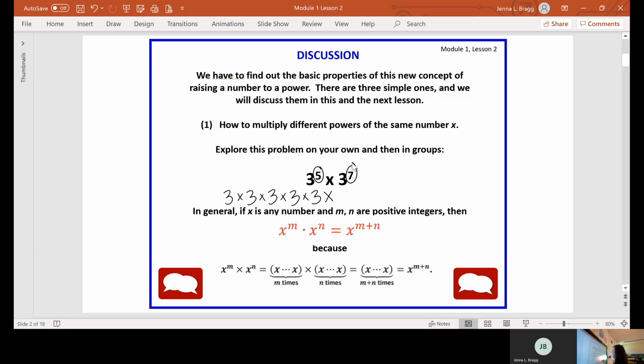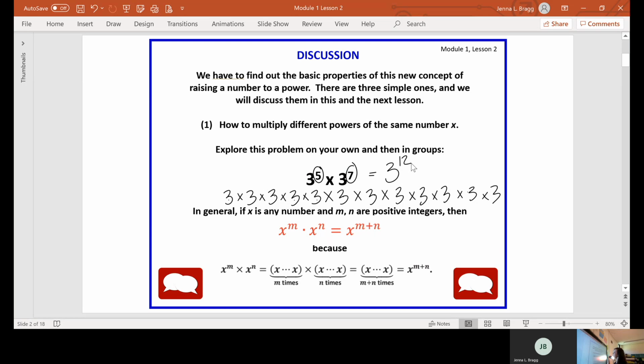The 7 means we multiply this 3 7 times. So if you were to work all of this out and count your 3's, 1, 2, 3, 4, 5, 6, 7, 8, 9, 10, 11, 12. This would give you a result of 3 to the 12th power.